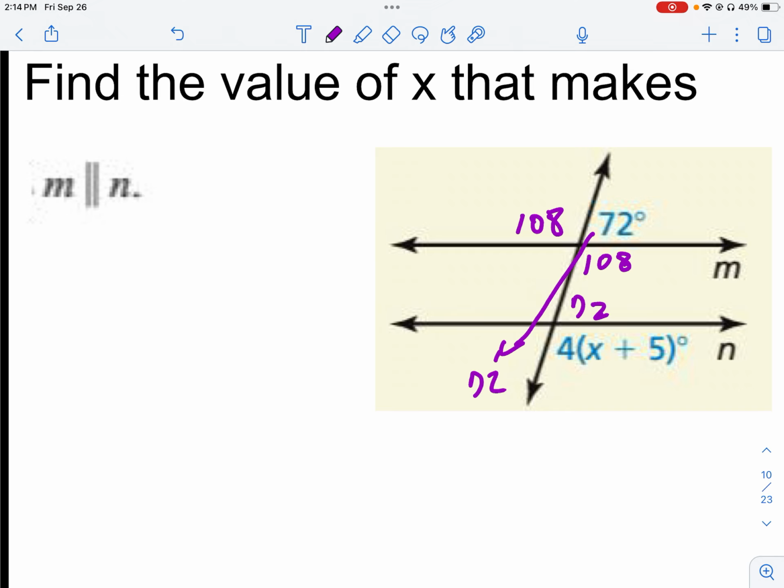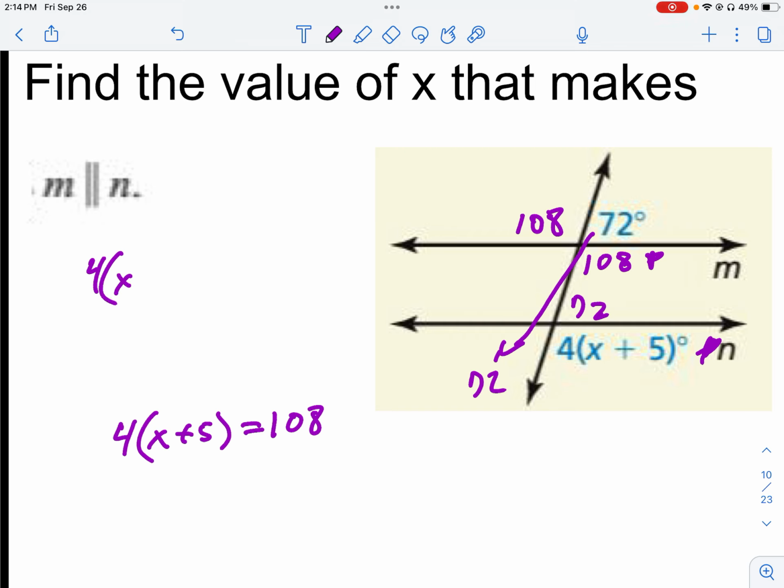Well, 108 and 4 times x plus 5 are corresponding angles. So we can say when 4 times x plus 5 equals 108, they're going to be parallel.